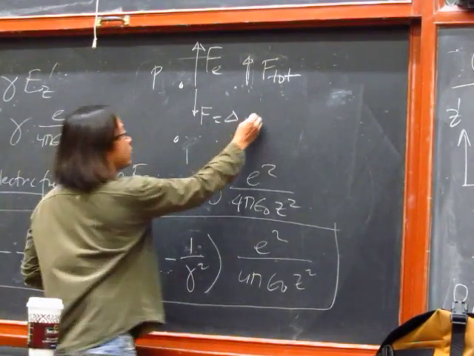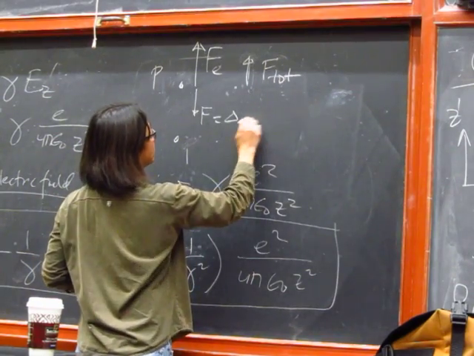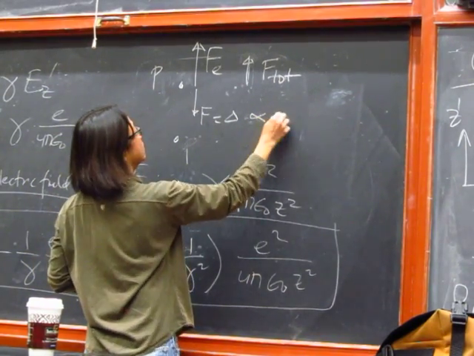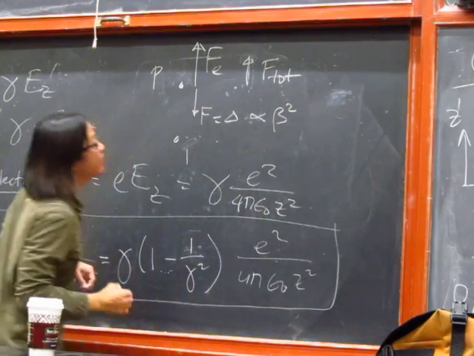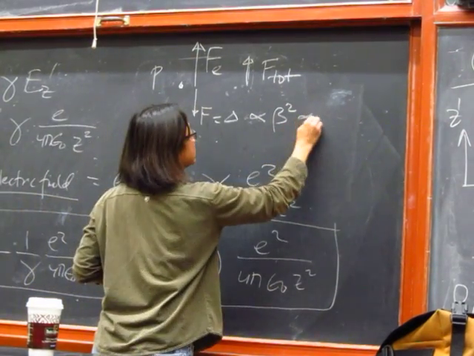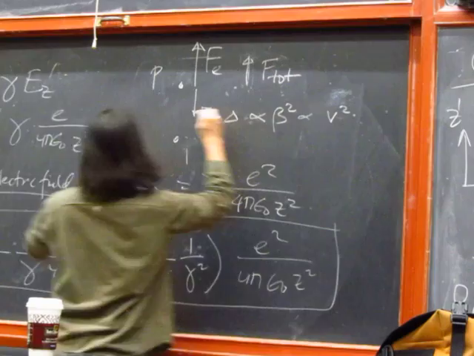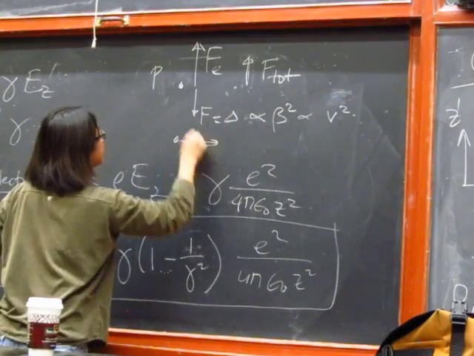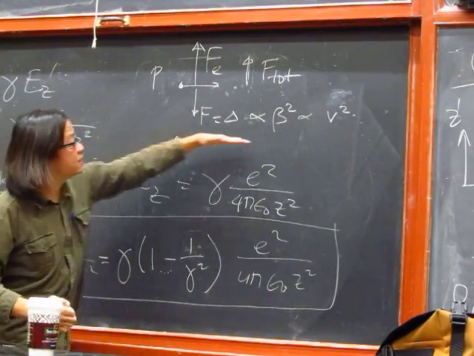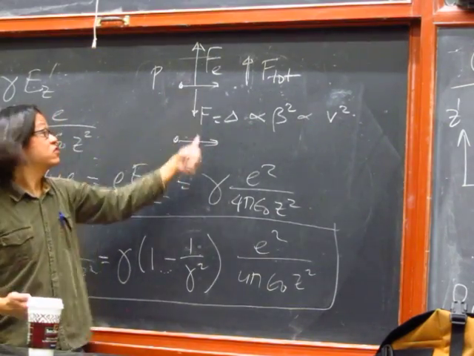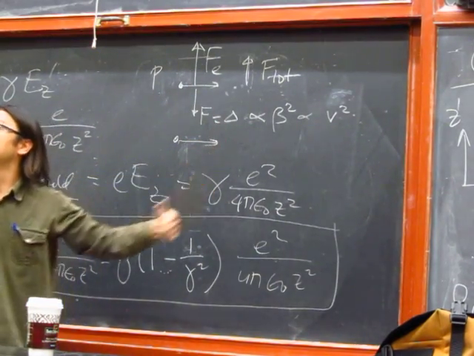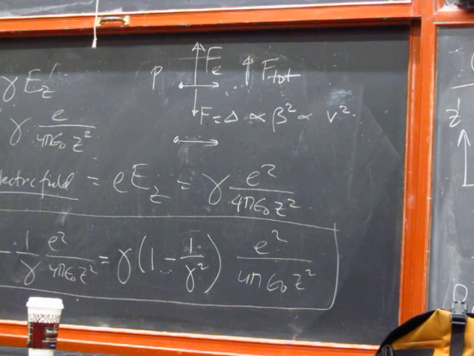And delta is proportional to beta squared, meaning that it's proportional to velocity squared. There is a velocity going in that direction, and they give you force transversely. Do you have to transform the distance between the two particles?